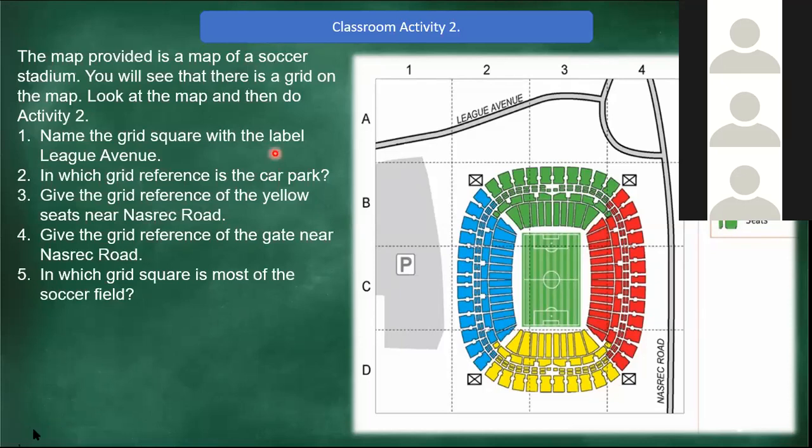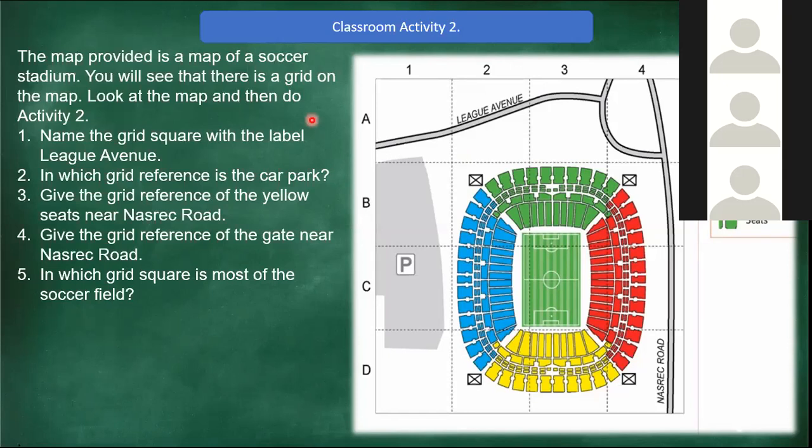Question 5. Which grid square is most of the soccer field? Let's look at the soccer field. Abongiwe? C3. That's correct. Who else wants to try?